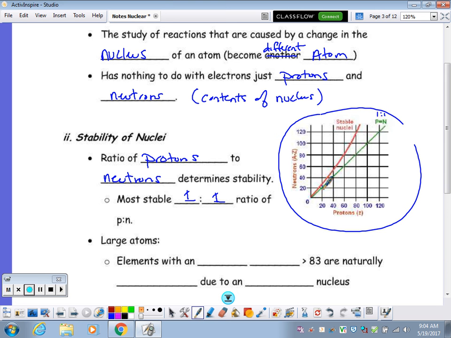The red line that curves represents the stable nuclei where the ratio is close enough to 1-to-1. So nuclei whose proton to neutron ratio falls on the red line are considered stable.